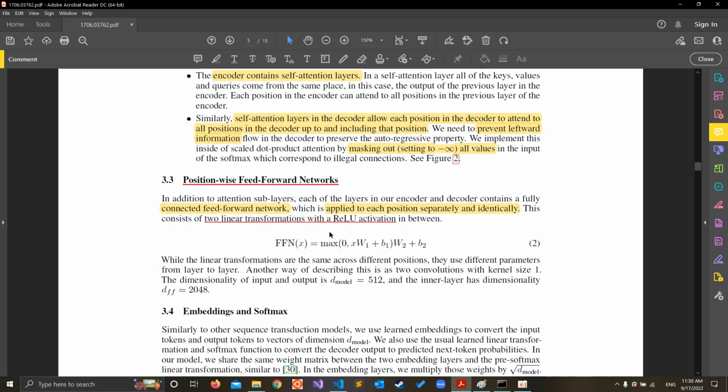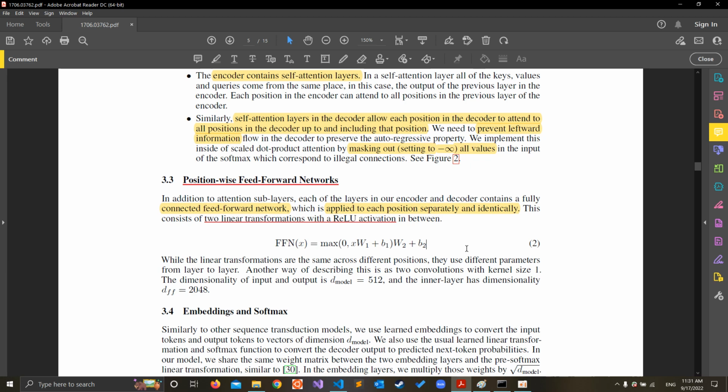We know that the ReLU activation function returns x if x is greater than 0, and 0 if x is less than 0. So we are doing this. This max of something is the ReLU function. This is the first linear layer, and this is the second linear layer. So we have a feed-forward neural network with two layers.